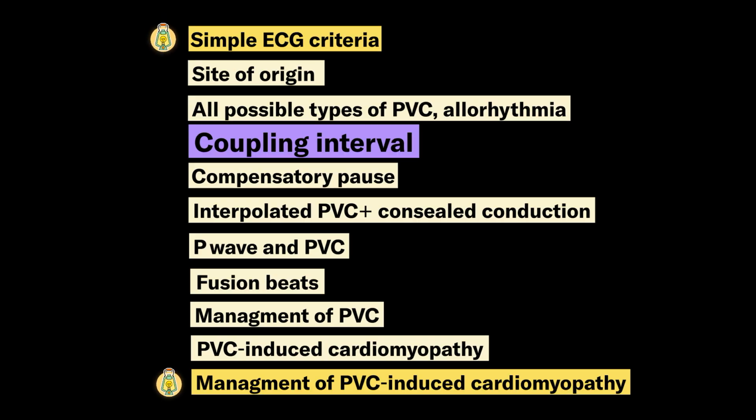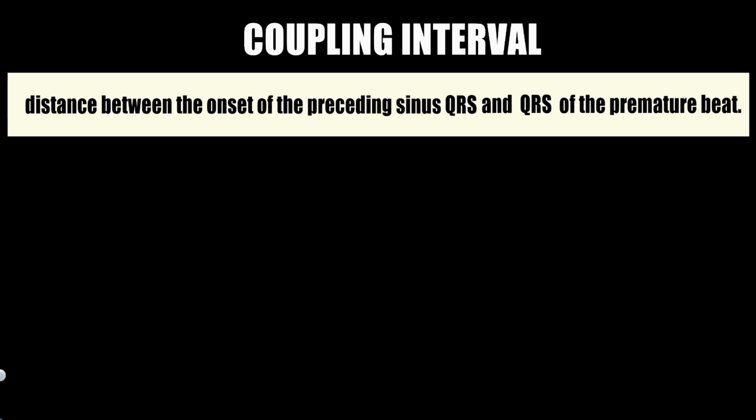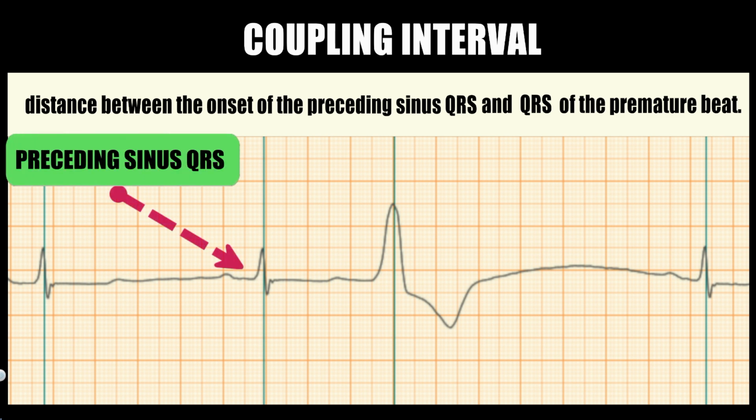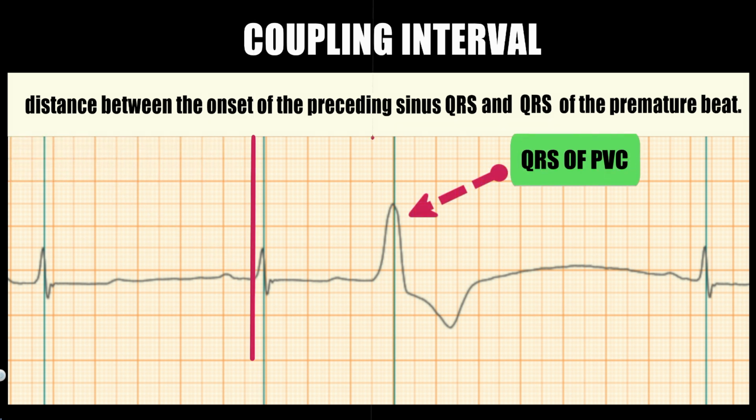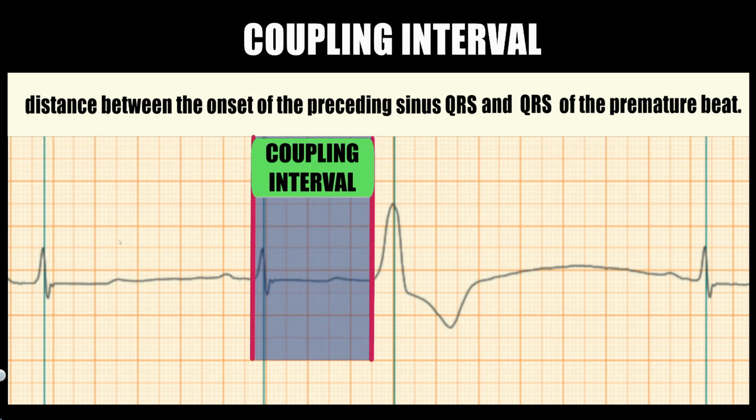One of the basic ECG characteristics of PVC is the coupling interval, which is defined as the distance between the onset of preceding sinus QRS and that of the premature beat. Here we have preceding sinus QRS, so let's define the starting point of the coupling interval. The finish point for the coupling interval will be the beginning of PVC.